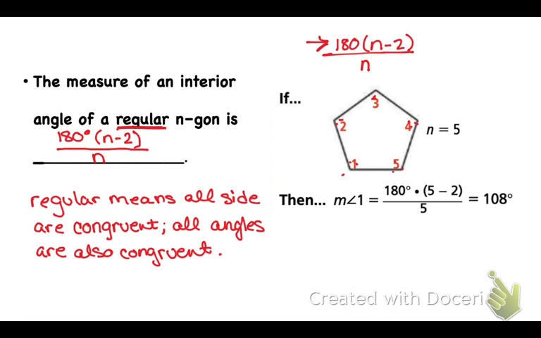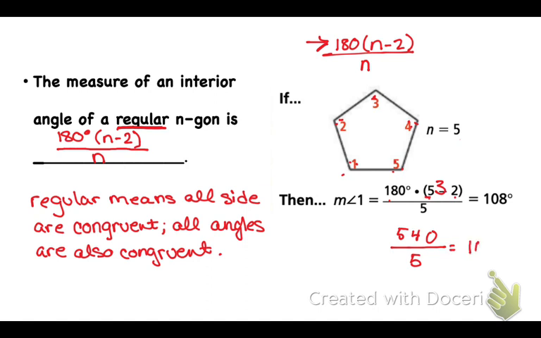Okay, so in this example, our n is what? 5. So it's 180 times 5 minus 2, which is 3. And 3 times 180 is 540. Divided by 5. 5 goes into 5 how many times? 1. 5 goes into 40? 8.